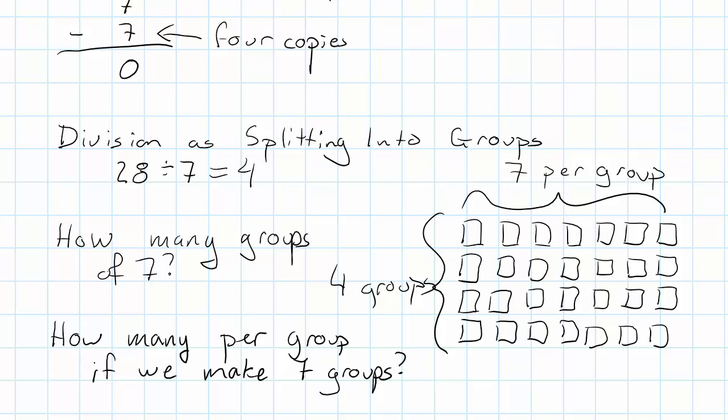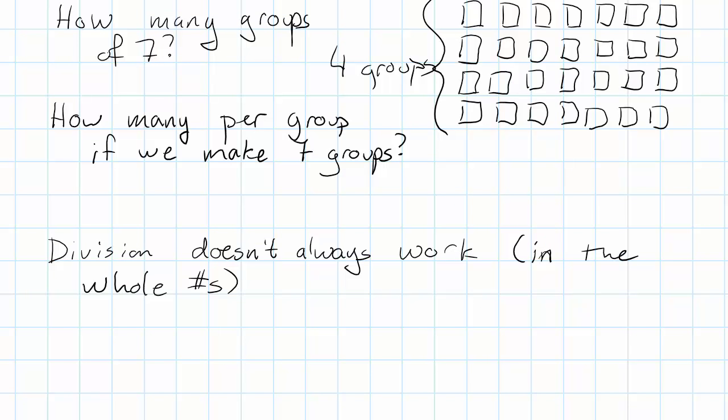Now, there's a big problem with division, and that is it doesn't always work. That is, in the whole numbers. What am I talking about? Well, let's say I wanted to find out what is 30 divided by 9. That is, I wanted to answer the question, what do I need to multiply by 9 to get 30?